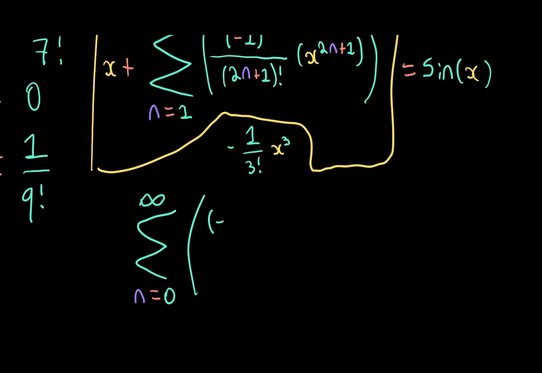And then everything inside is just the same. So negative 1 to the n, all over 2n plus 1 factorial, times x to the 2n plus 1.